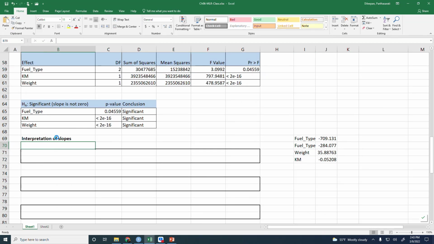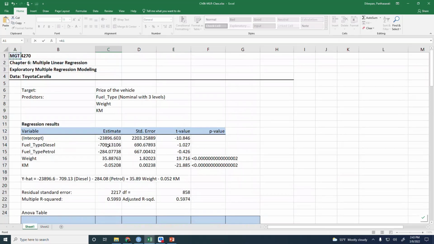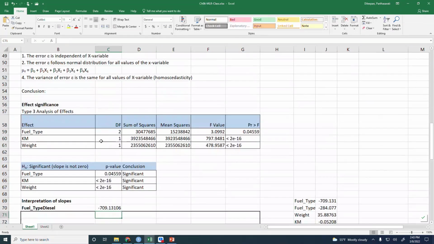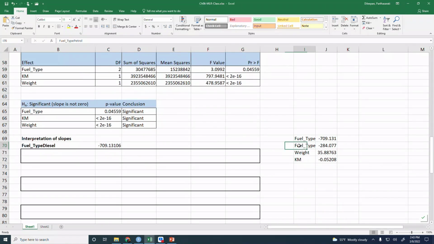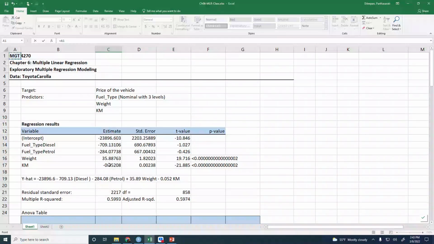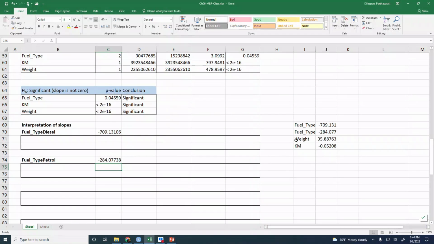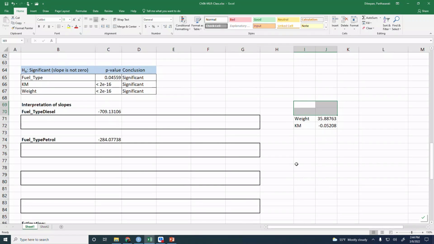So the fuel type slope is that. Then we have fuel type petrol is that. So let's try to interpret these 2, and then we will look at weight and kilometer.